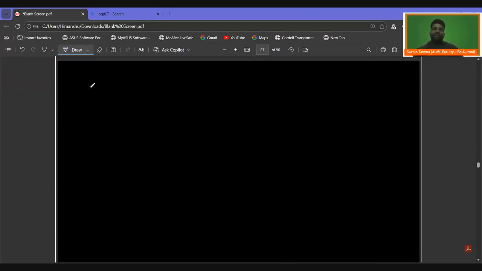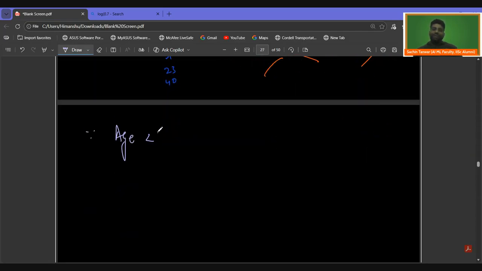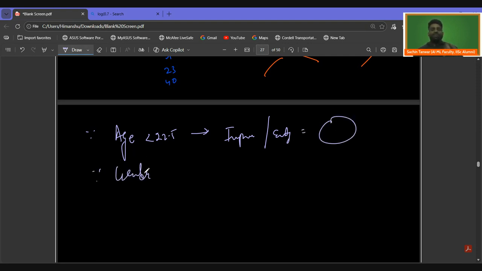So we'll have for each, because of age, and we know where we were getting the least impurity, age less than 22.5, the overall impurity slash entropy is going to be this. Because of gender, because we had just two variables, it would be very direct.